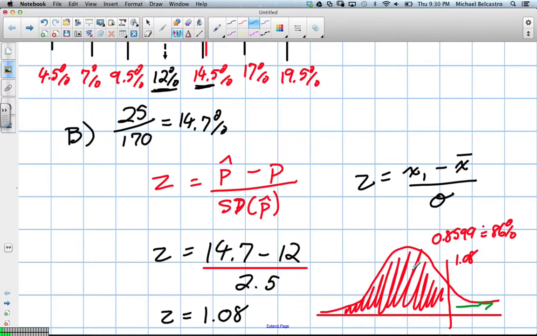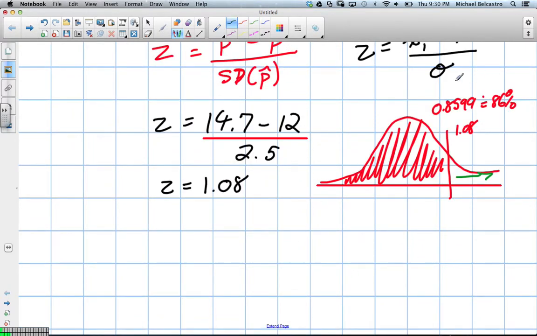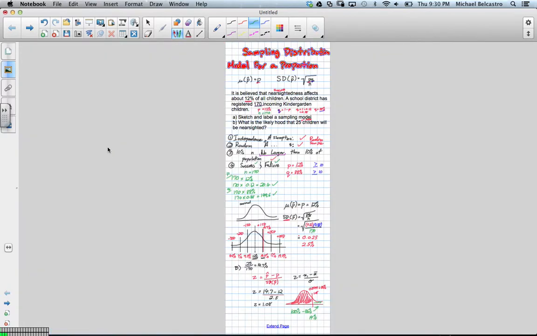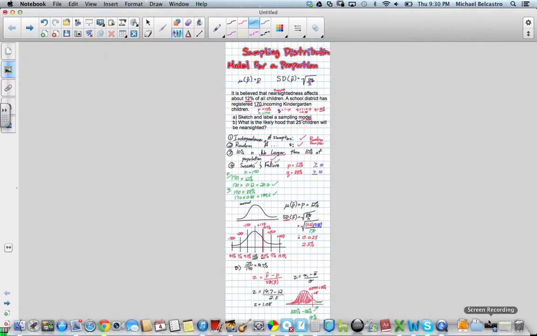So we have to subtract from 1, or 100%. The true answer is 100% minus our 86%, which gives a 14% likelihood. So there's a 14% likelihood that of the 170 kids coming in, 25 or more will be nearsighted.